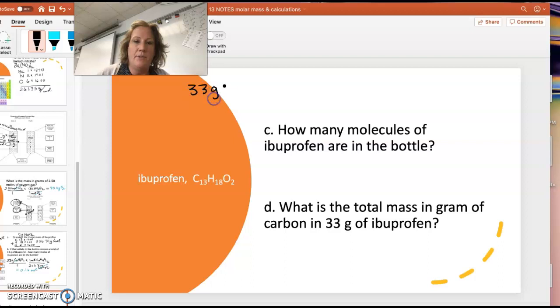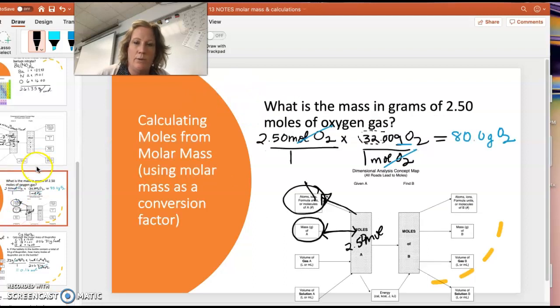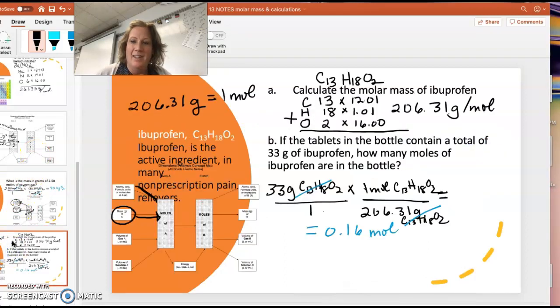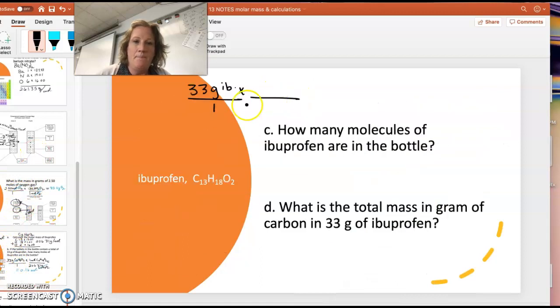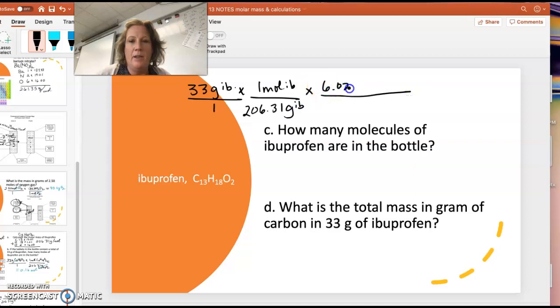So I would start with that 33 grams, and I'll just put IB for ibuprofen. The molar mass was, what was it? 206.31 in 1 mole of ibuprofen. And then I'm going to use Avogadro. So just reminding you that you can string these together and do it all in one step in your calculator. So there's that many molecules in 1 mole of ibuprofen.